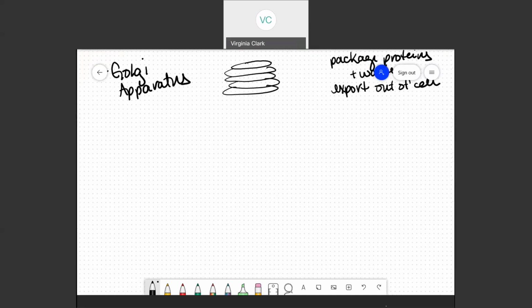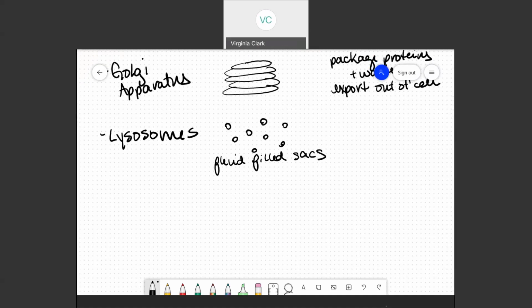Another organelle inside the cell is going to be lysosomes. Lysosomes are going to be different size little fluid-filled sacs. What is inside the lysosome is important. What the fluid is, is very important. Inside is something called a hydrolase.